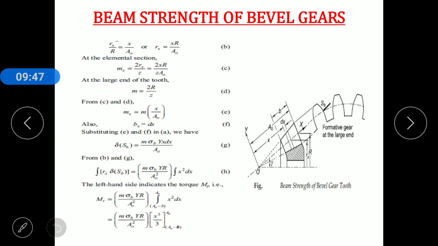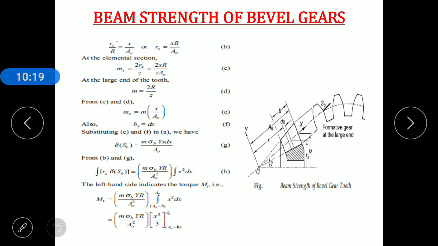Now here we multiply the bracket by using the term AO square. After multiplying the bracket by AO square, AO cube divided by 3AO square minus AO cube divided by 3AO square get cancelled. Then plus 3AO square b divided by 3AO square: 3 and AO square get cancelled, only b remains.